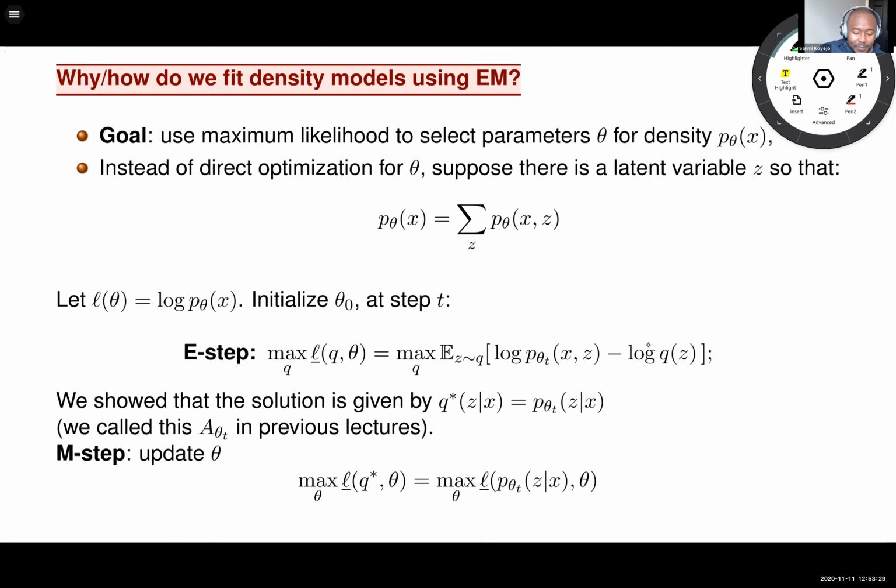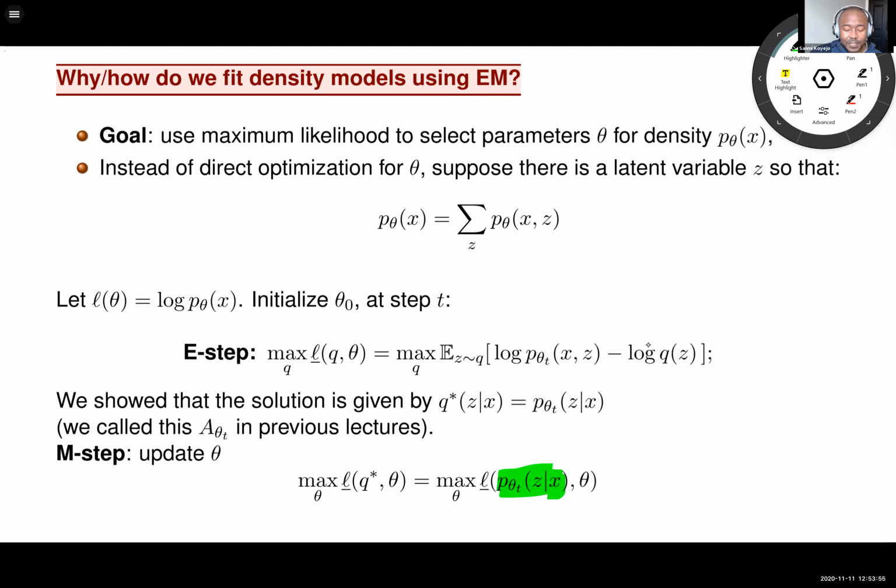The key step here is that in order to maximize this lower bound in the M step, we need the distribution of the latent variable given data. So in order to do this, we need to solve the E step. In the E step, we compute this distribution. In the M step, we maximize based on expectation over this distribution. Again, it is good to refresh your memory over the past few slides.